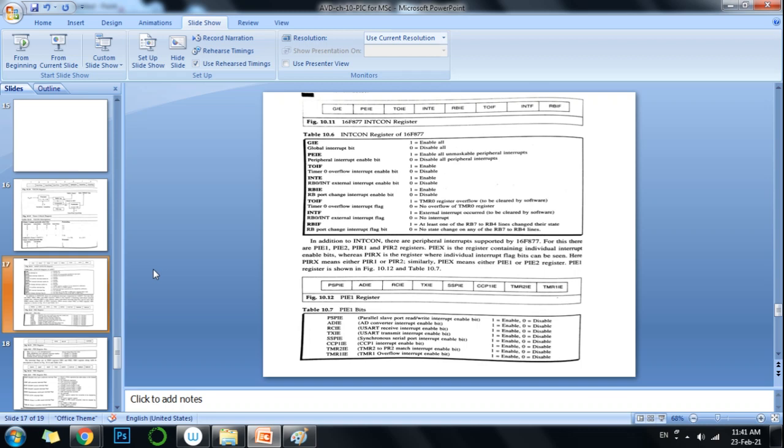In this microcontroller there are in all 14 interrupting sources.